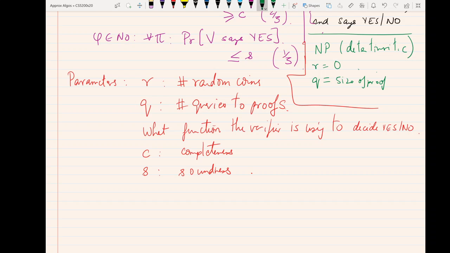Okay, Q is the size of the proof itself, C is equal to 1 and S equal to 0. So this is the deterministic version of this probabilistic verifier that we defined as NP.